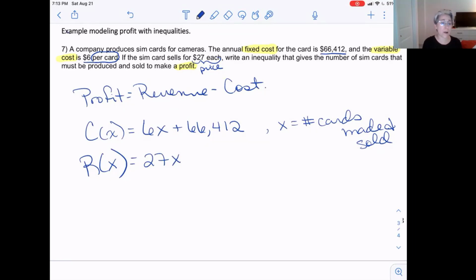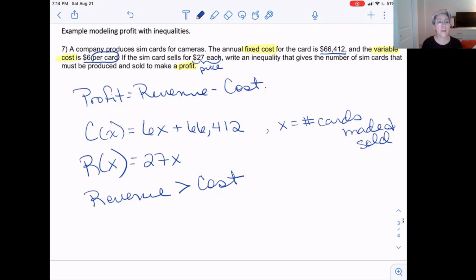We could just write a profit function and say we want that profit function to be greater than 0. We can do that. Or we can say, based on the revenue and the cost, which must be higher in order for them to make a profit. The revenue, the money coming in, must be higher than the cost in order for them to make a profit. Notice I didn't even put the or equals to sign. We don't want them to equal because then there's no profit.